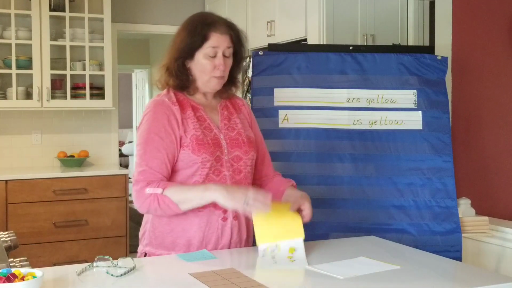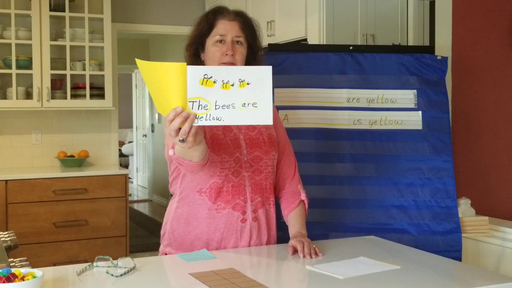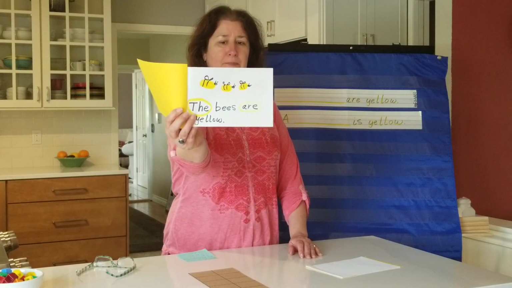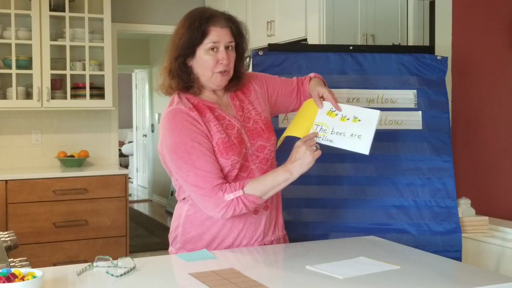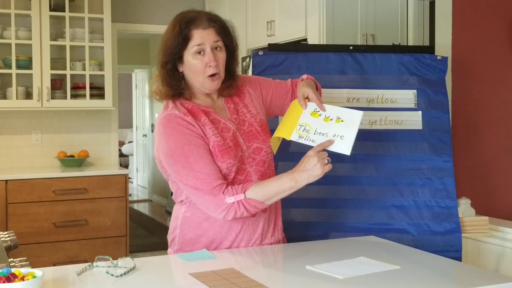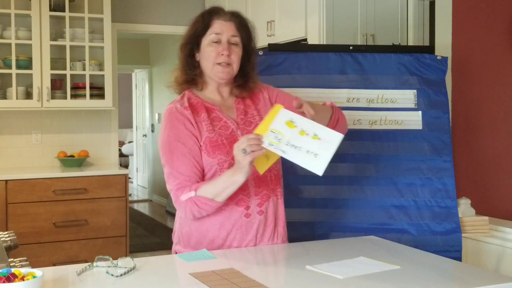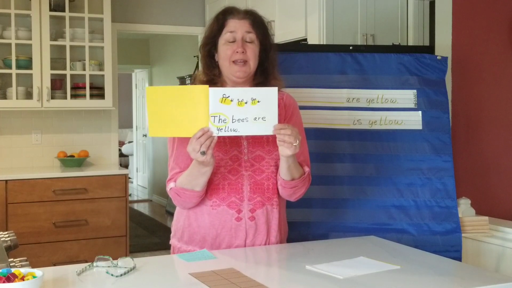My next page, oh, and I had to draw a picture of my yellow bees there. Put their black stripes on, flying along. I circled the high frequency word the and the high frequency word are. Those are 2 high frequency words that I used in my sentence, so I circled those. I circled them in yellow.